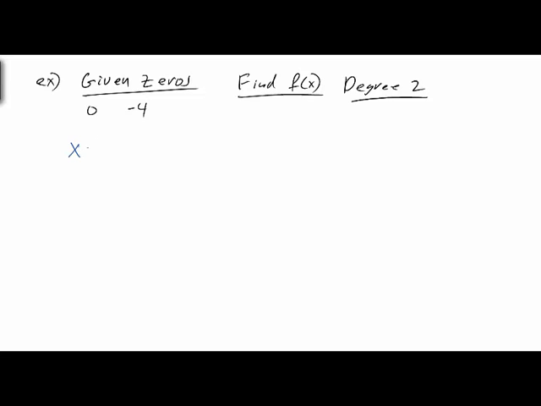So here again, we're going to start and work backwards. We're going to set x equal to 0, x equal to negative 4, and then we're going to set each one equal to 0. The first one's already equal to 0. For x equals negative 4, we have to move the negative 4 over, so that means we're going to add 4. And then we're going to take each factor and multiply them. So that's going to be x times x plus 4.